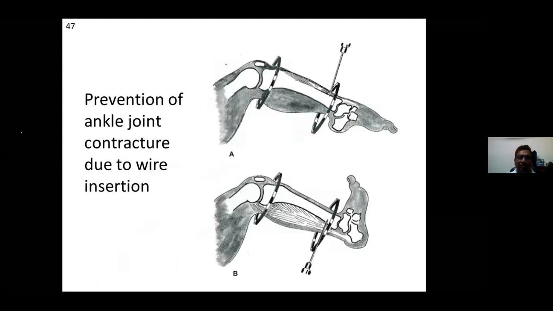Here, to prevent joint contracture due to wire insertion, during wire penetration of the muscles of the anterior compartment, you should place the foot in plantar flexion position, and when you place the wire from posterior to anterior, then you place the foot in dorsiflexion position to the maximum.